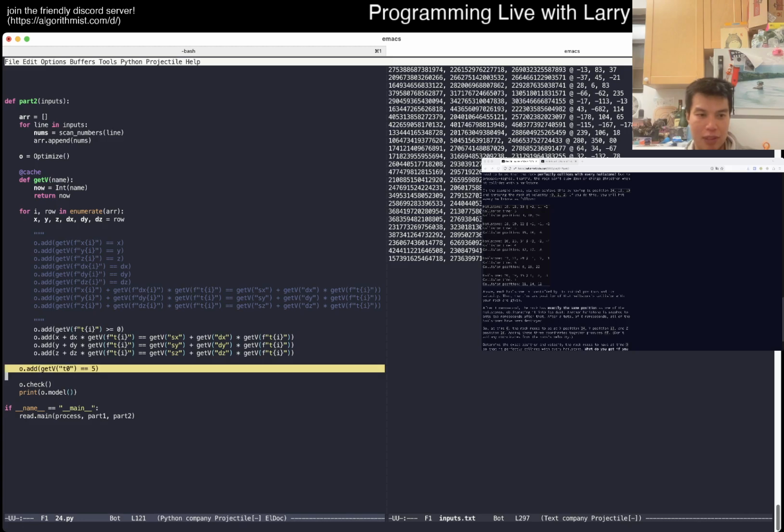Can I do something like, how do I optimize remove? What? I don't know the C3 Python.